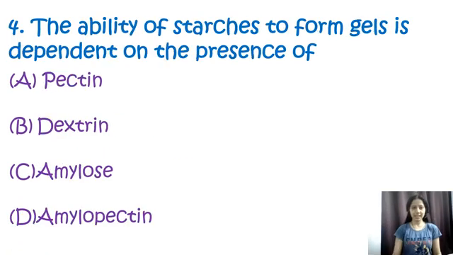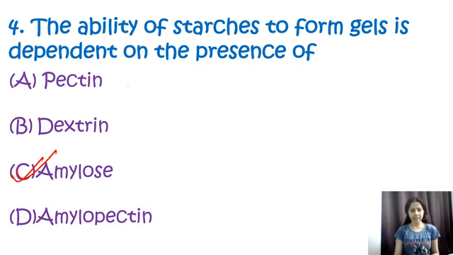Question number 4. The ability of starches to form gel is dependent on the presence of pectin, dextrin, amylose or amylopectin. So the ability of starches to form gel is dependent on the presence of amylose. That is option C, my correct option.